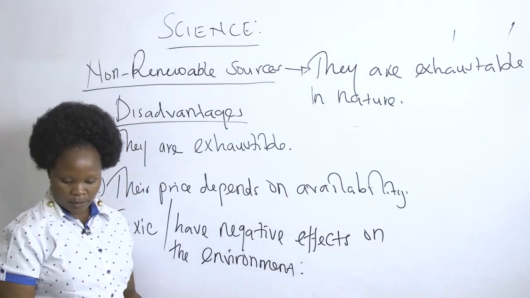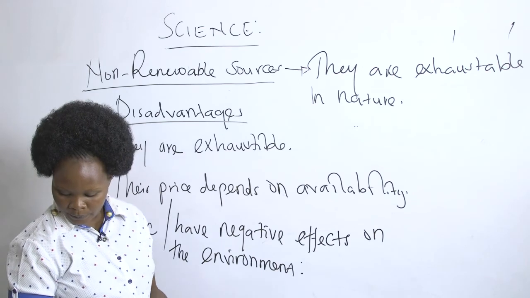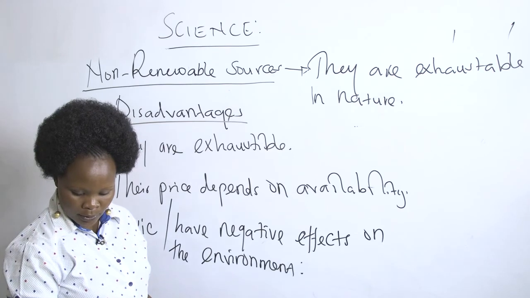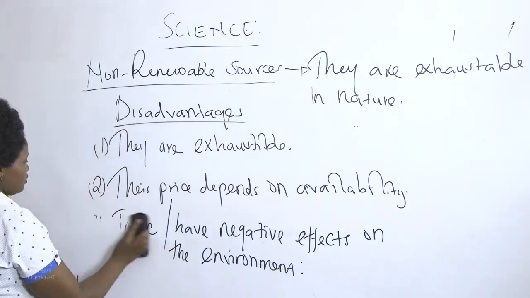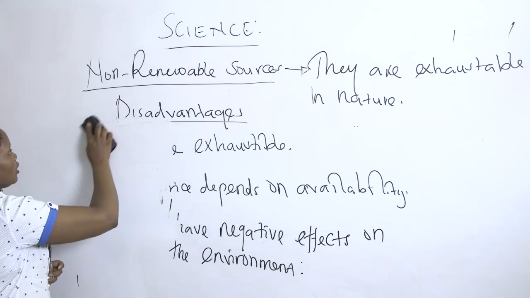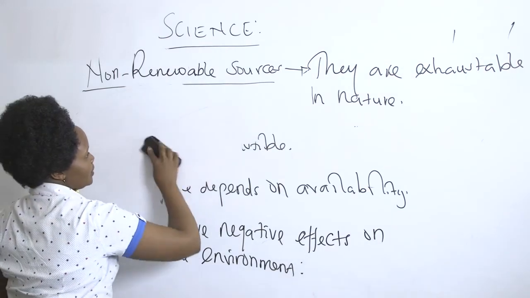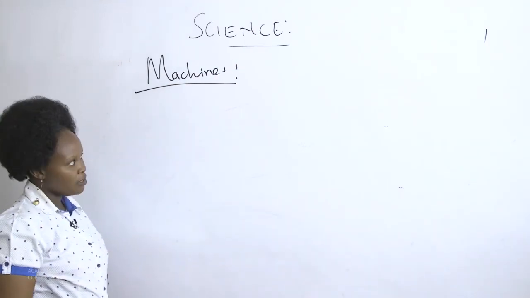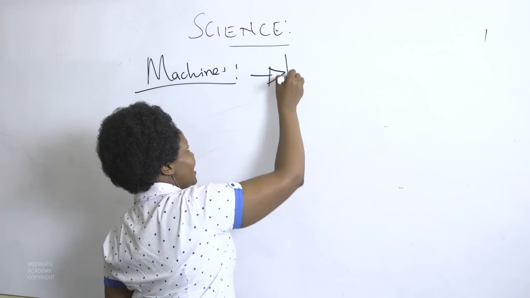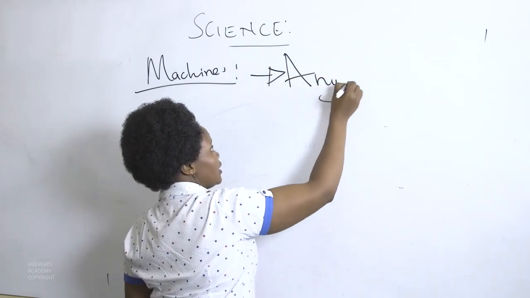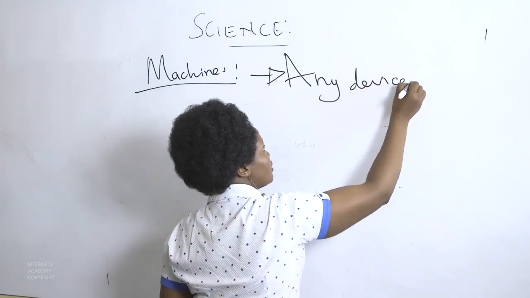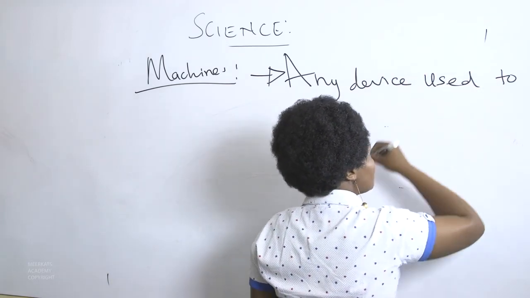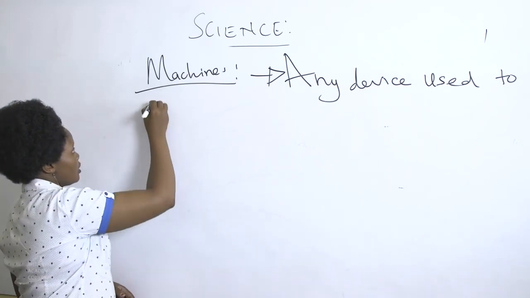Now, enough about energy. Let us now look at the last item, which is actually machines. Simple. And a machine is any device used to make work easier.